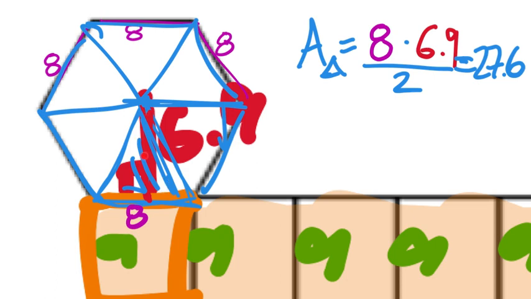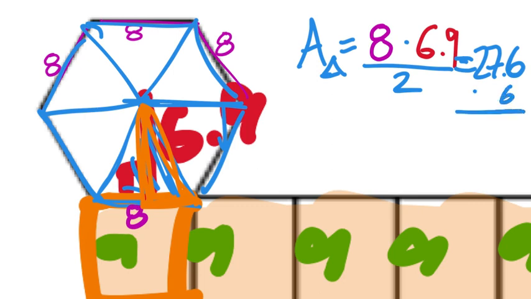I was looking at the full big triangle right here, so it is possible that some of you cut that in half, right? You'd say, hey, look at this, it's half of one. And you could find the area of that one right there. Yeah, so we do have the other hexagon, but I do want to find just the area of this one for now. So that's 27.6, but we need to multiply that by 6.